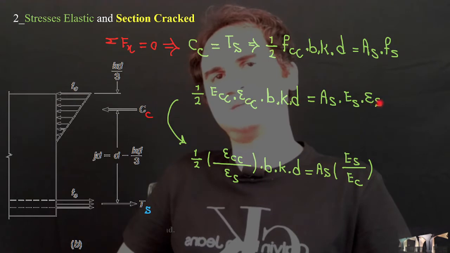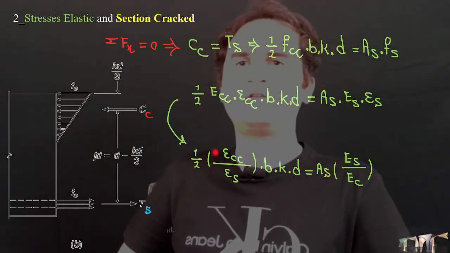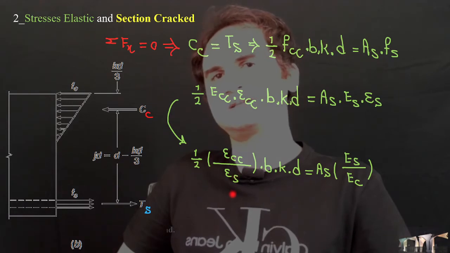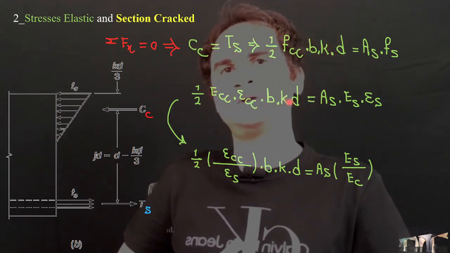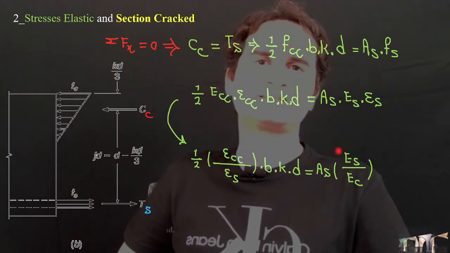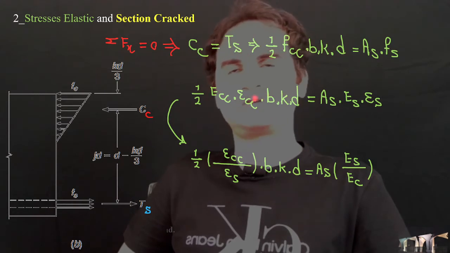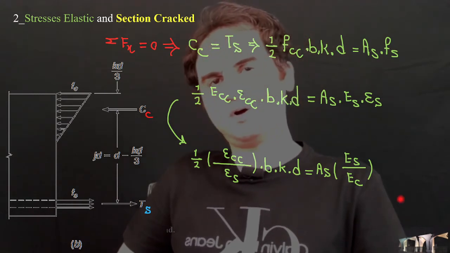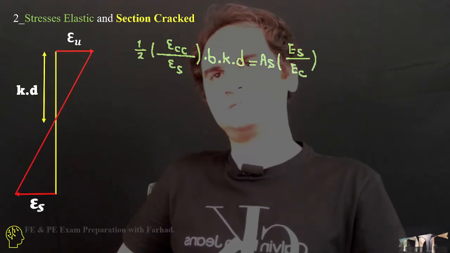If you take epsilon s to the denominator of the first side, that's a half of epsilon cc over epsilon s is equal to As times bkd. The rest remains the same. That's As times Es over, you just take the modulus of elasticity of concrete down to the denominator of the second part.